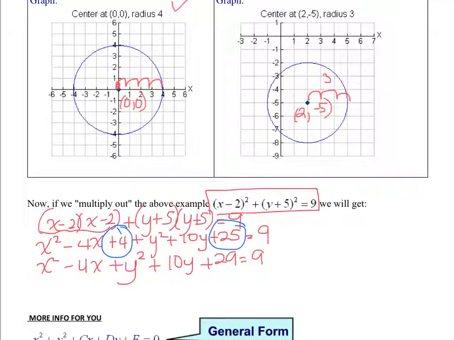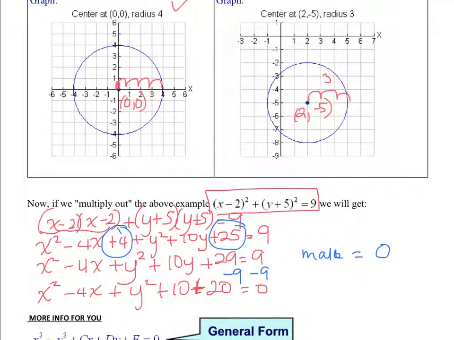Let's take away 9 from both sides because we want to make this equal to 0. And then we're going to end up with x squared minus 4x plus y squared plus 10y plus 20 is equal to 0.